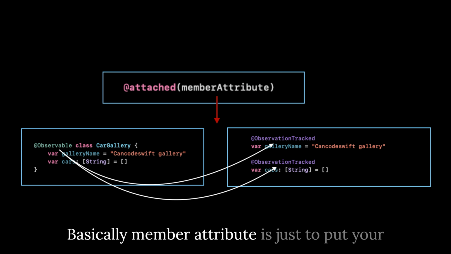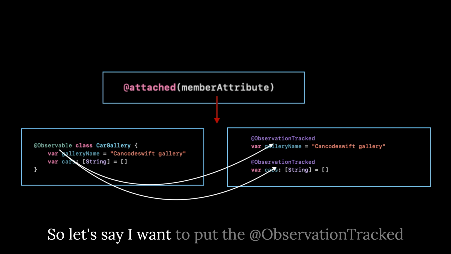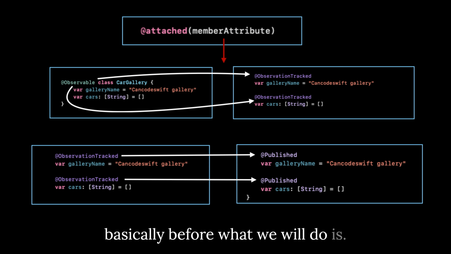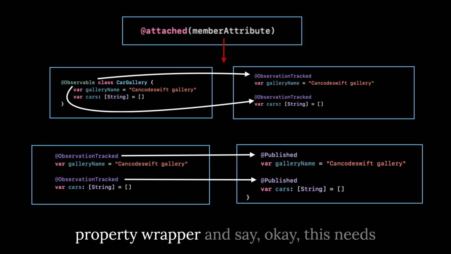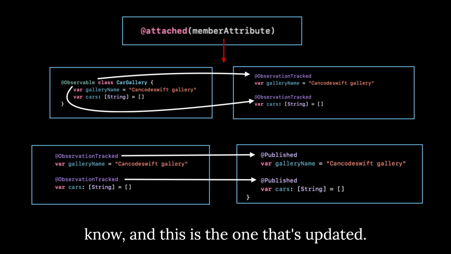Basically, member attribute is just a putter guy to the specified declarations. Let's say I want to put the ObservationTracked macro on every var declaration. Before, what we would do is go to the var declarations and put the Published property wrapper and say, okay, this needs to be the one that listens to changes, and this is the one that's updated.